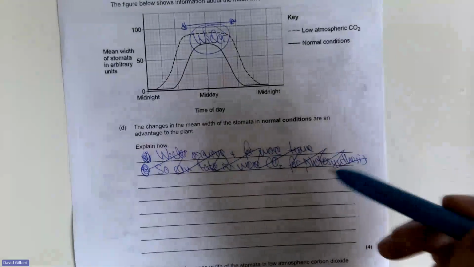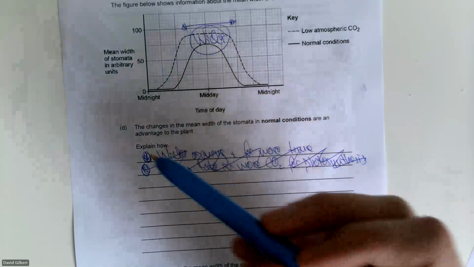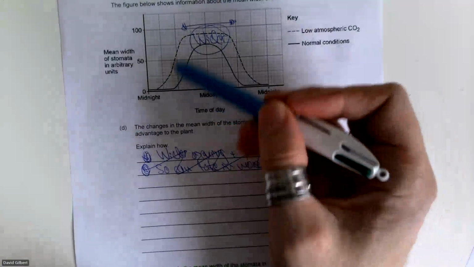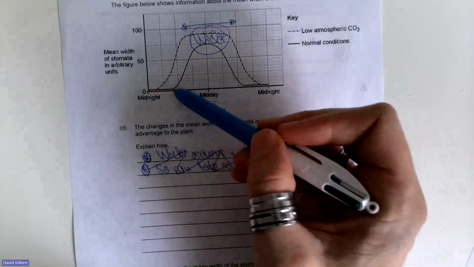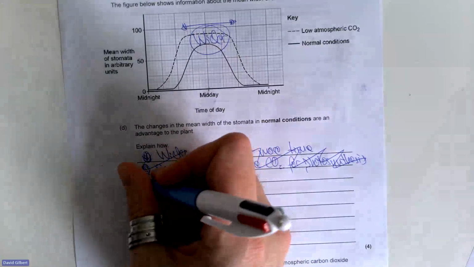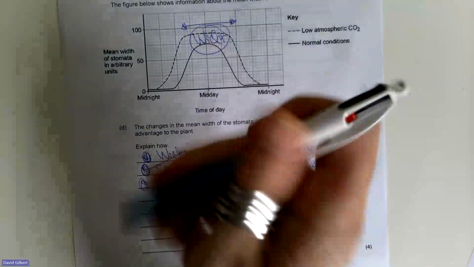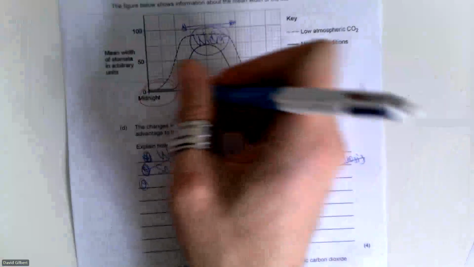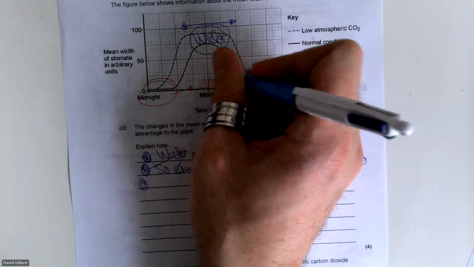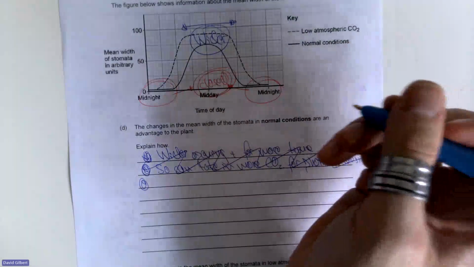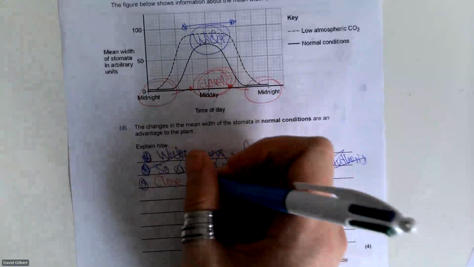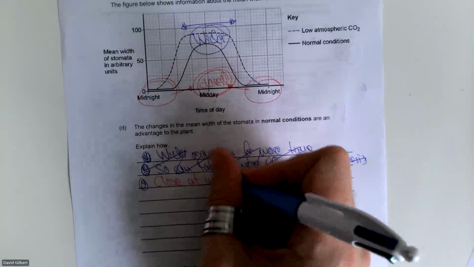Changes in the mean width of the stomata in normal conditions are an advantage to the plant. Explain how. Now, how are these changes, the fact that it opens in midday and then it closes, an advantage? Well, let's think about when it closes. Why is that good? So they close at midnight.